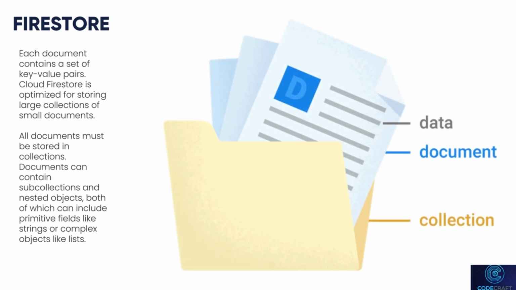The document. A document is the basic unit of data in Firestore. It's a set of key value pairs where each key is a field or attribute name, and each value can be various data types, including strings, numbers, booleans, maps, arrays, timestamps, and more.